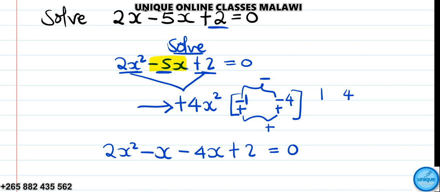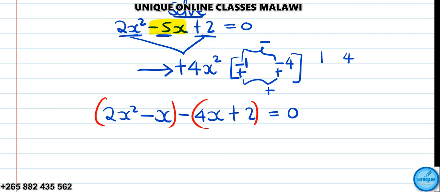So the second step is to group or pair the terms like that, and we should find the common factor in each bracket. So in the first bracket, the common factor is x. So I'm taking out x. x into 2x squared, we are remaining with 2x, and x into x, it's 1, and the minus sign stays here.